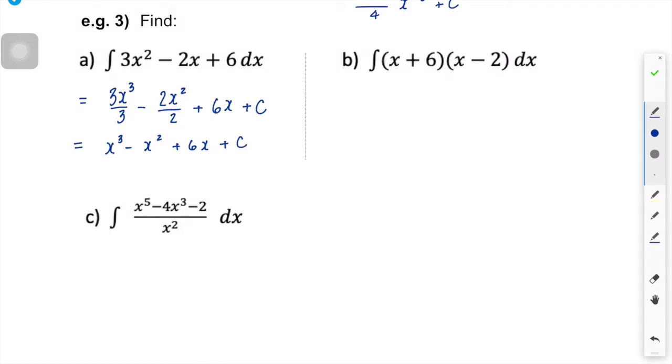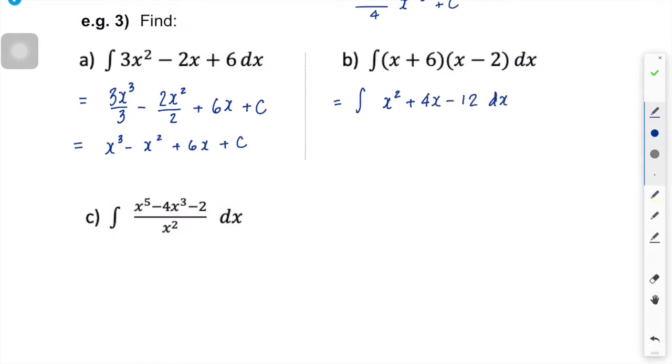Question B. Here I have a binomial multiplied by a binomial. It doesn't look like a polynomial. Experience from taking derivative of functions told us that the expanded form is easier to work with. So let's expand x plus 6 times x minus 2. I get x squared plus 4x minus 12 dx.